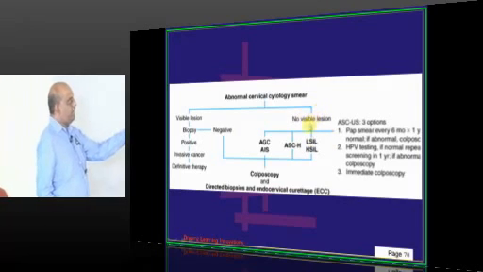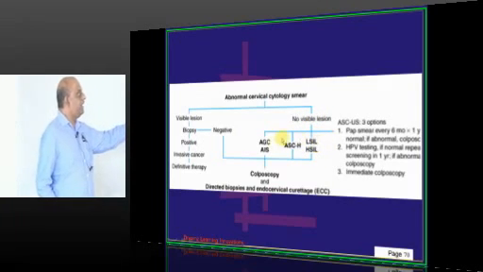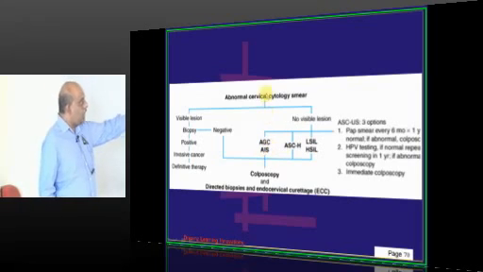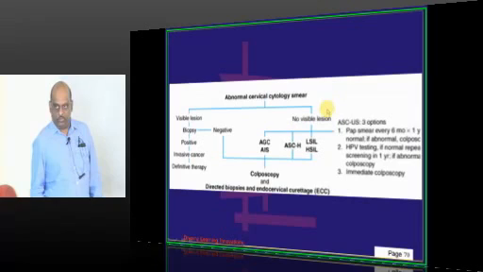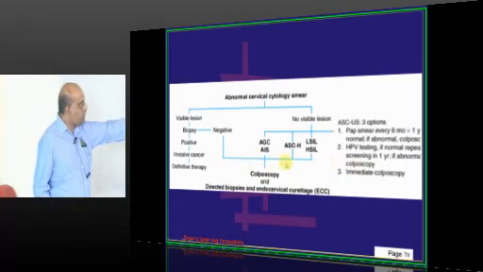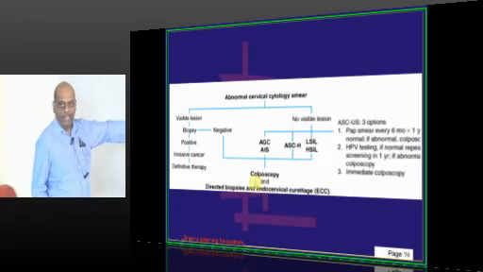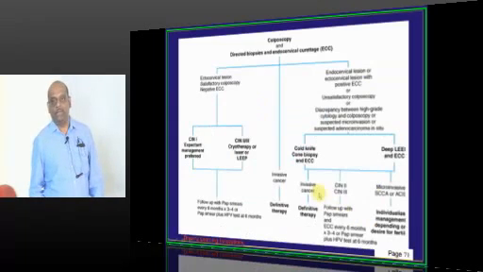Suppose there is no visible lesion, then on the cervical cytology smear, what is the reporting you look into? Suppose it is a squamous intraepithelial lesion or an atypical adeno-like lesion, any of these three will mandate you to go for a colposcopy directed biopsy and endocervical curettage.